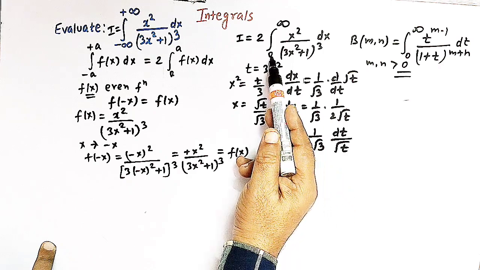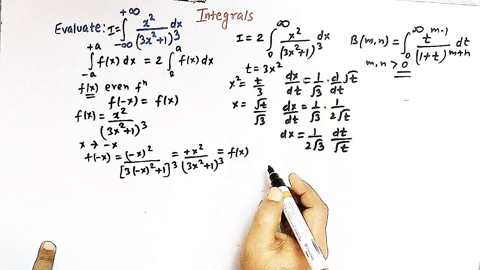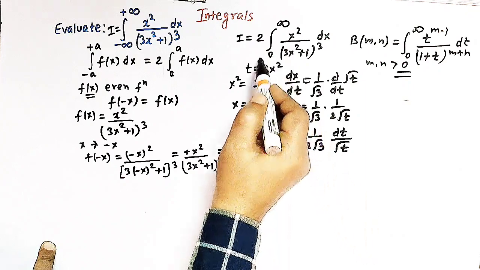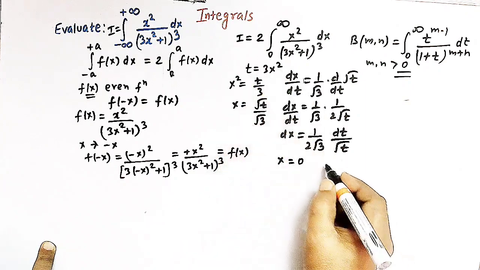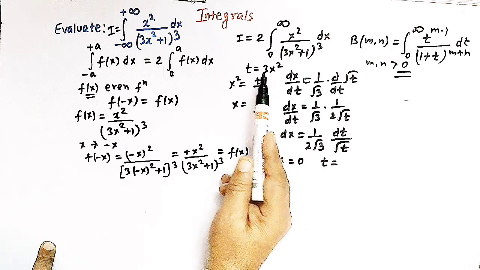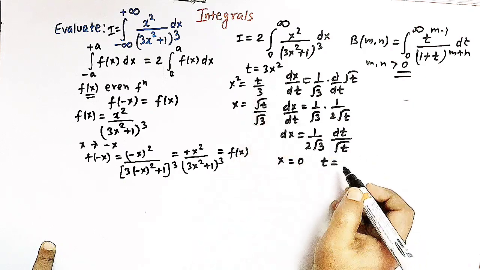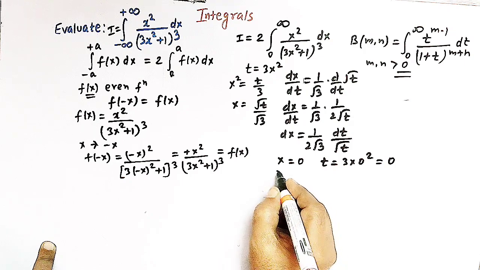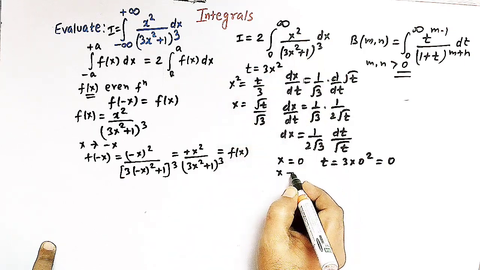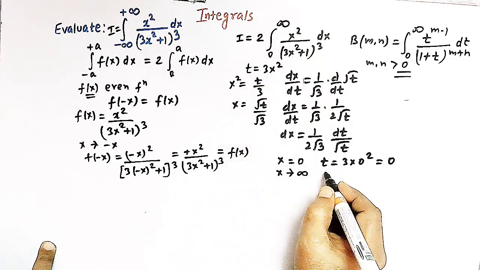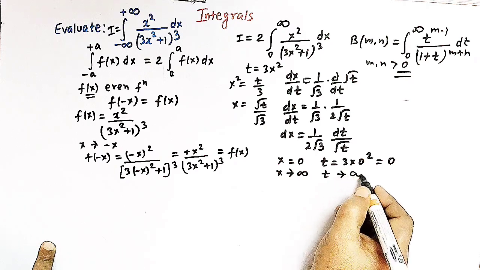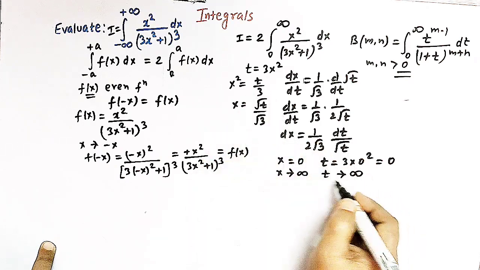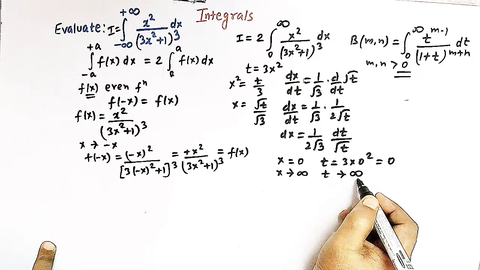Now the limits of integration vary from 0 to infinity. When x is equal to 0, which is the lower limit, t is 3 times 0 square, that is 0. When x tends to infinity, t also tends to infinity, because 3 times infinity square also tends to infinity.